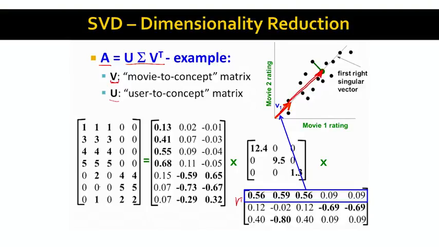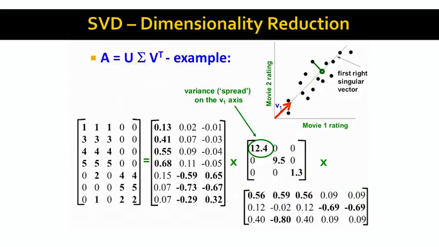So I have still our old example of users to movies represented in the SVD of this thing. And now the question is, how do we do dimensionality reduction? So for example, the way we do dimensionality reduction is that we can think of the whole system the following way: our first right singular vector gives us the axis on which we want to project, and then the corresponding singular value tells us the variance along that given dimension, or the spread of the values along that given dimension.